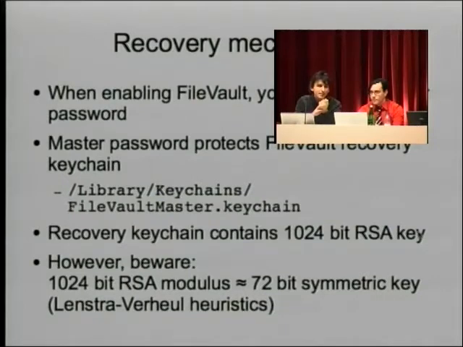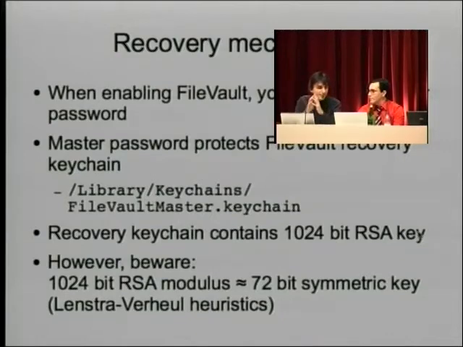Because by having set a master password, you have this 1024-bit key on your drive, which is not encrypted, right? I mean, it's sitting out in the plain text. I should add, FileVault is only protecting your home folder. It's not protecting all of the other folders on your file system. Now, 1024 bits asymmetrically, according to the Lenstra-Verheul heuristic, means 72 bits symmetrically. That's not a lot. Usually, these days, you should have at least 80.